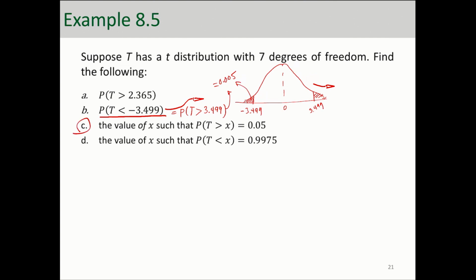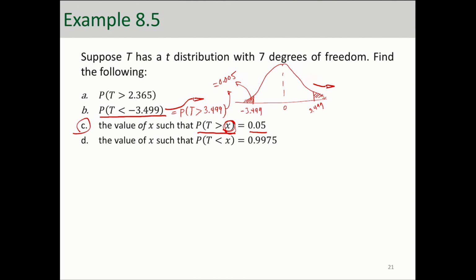Now, part C says the value of x such that probability of t greater than x is 0.05. Well, we're looking for x, and x here is a random variable. We're given the probability and looking for the random variable value, so it's kind of a backward process.